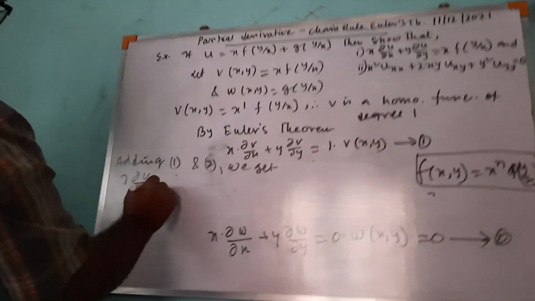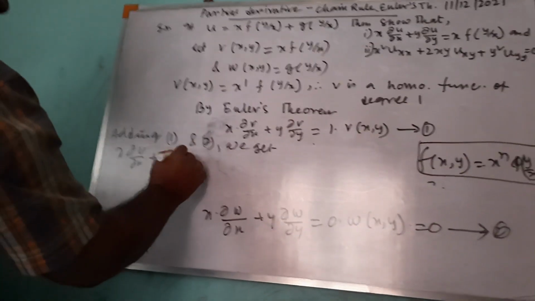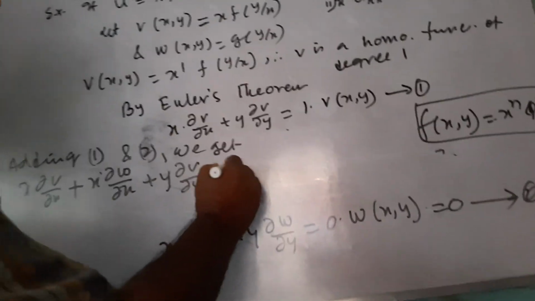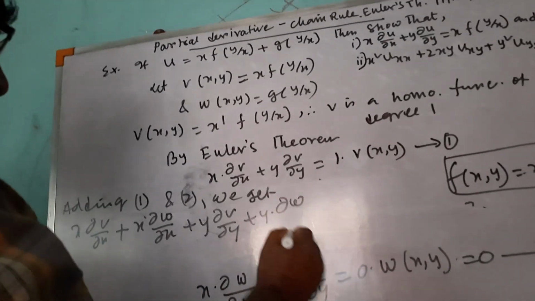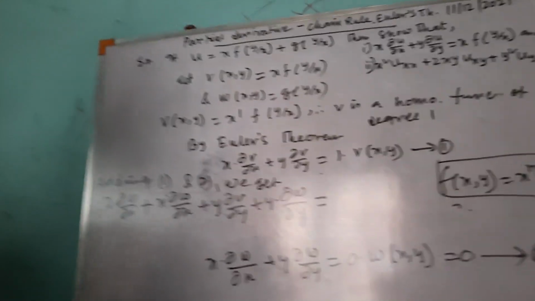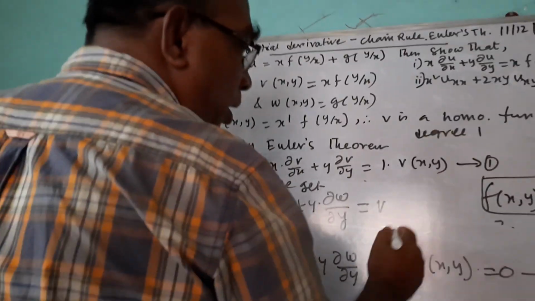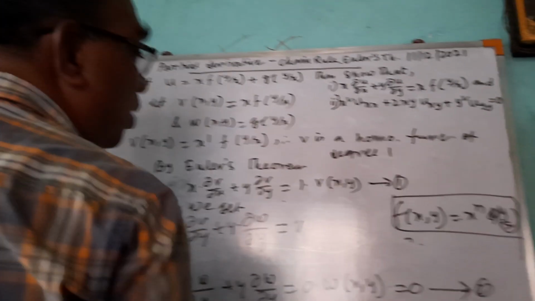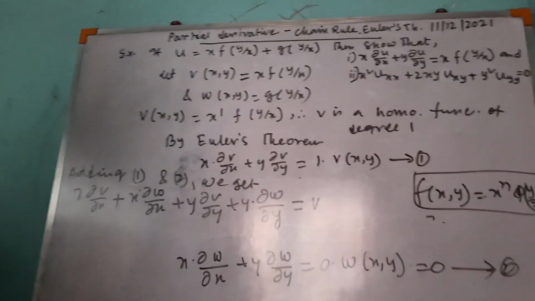x into del v del x plus x into del w del x plus y into del v del y plus y into del w del y is equal to v plus 0, that is v. You can write simply v or you can say v xy.